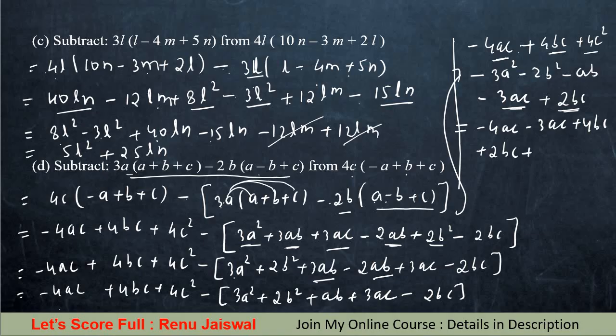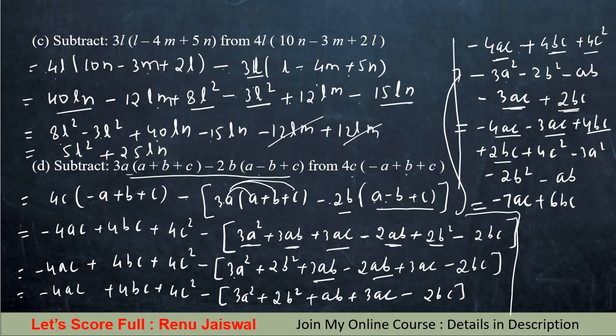Then I have 4c square. This I have not copied it. Yeah, I have not. So minus 3a square minus 2b square. Then I have minus ab at the end. Okay. Now what will happen? I'll just put this. Minus 4ac minus 3ac is minus 7ac, 4bc and 2bc, that is 6bc.